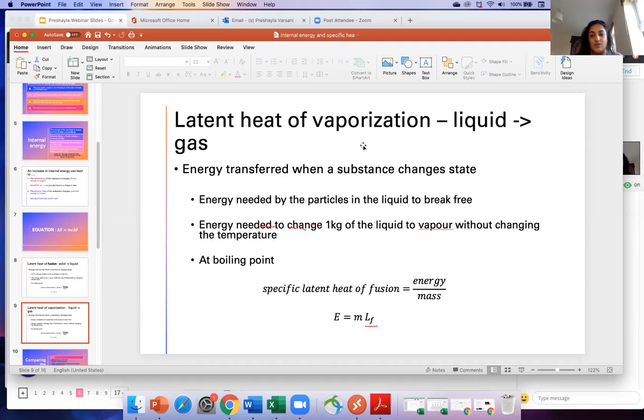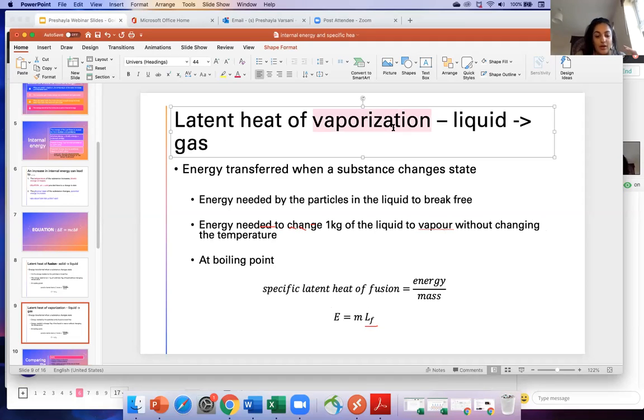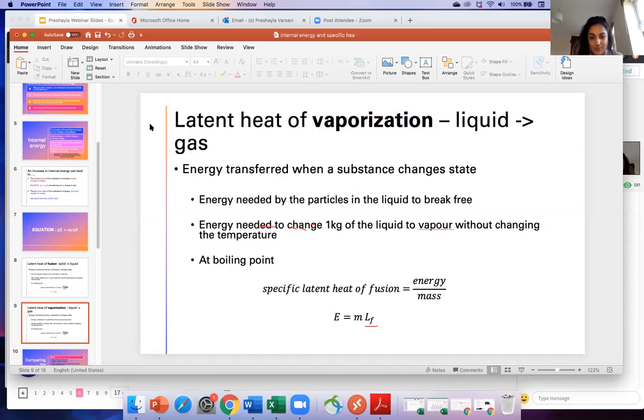Okay, so moving on to its sister form, not exactly the same because now we're dealing with a liquid to a gas. And this is called the latent heat of vaporization. And it's going from a liquid to a gas. Again, it's the energy that is transferred when the substance changes state.